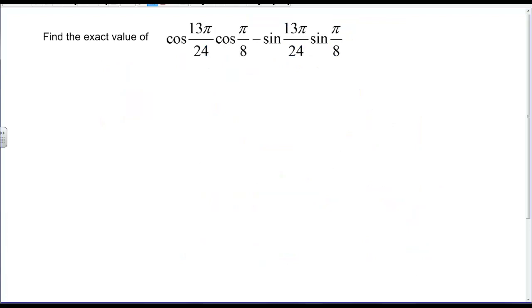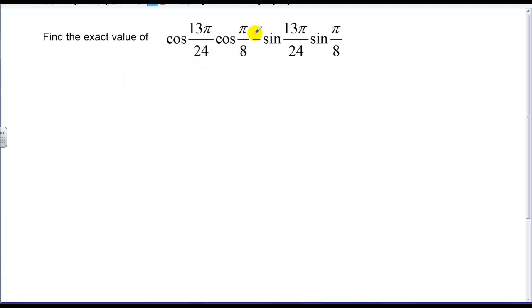Alright, now we want to find the exact value of this function. This looks like a total mess. However, we notice this is an identity, or a formula, or what have you. So cosine, cosine, sine, sine. And cosine, cosine, sine, sine is the cosine of a sum and difference.